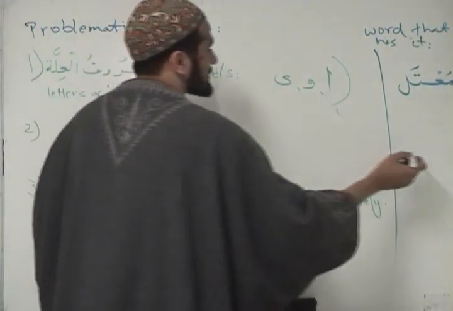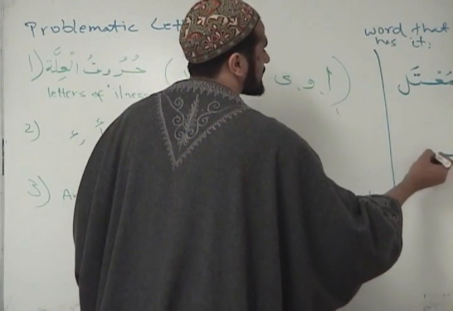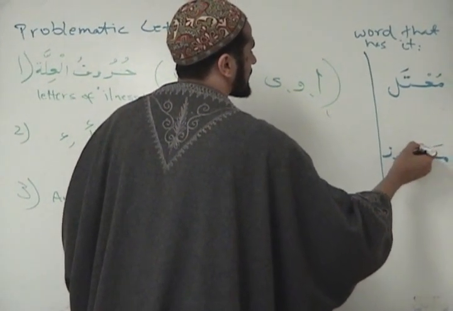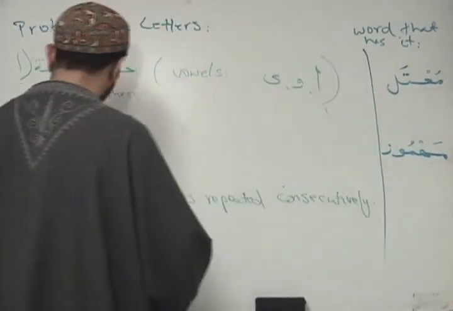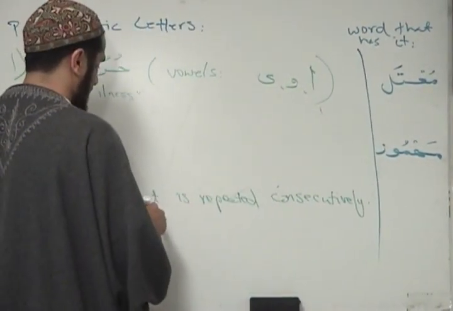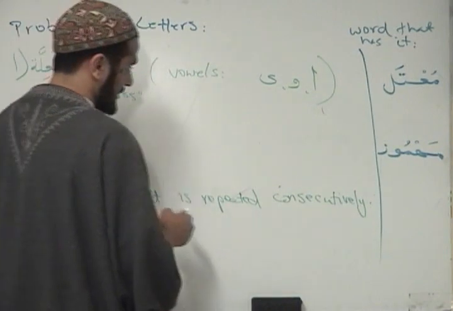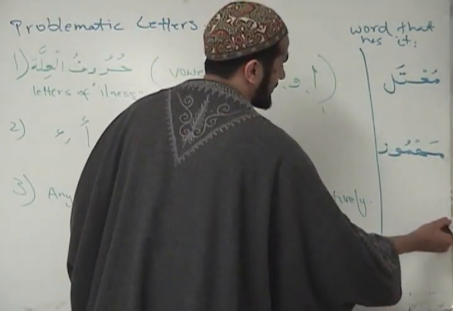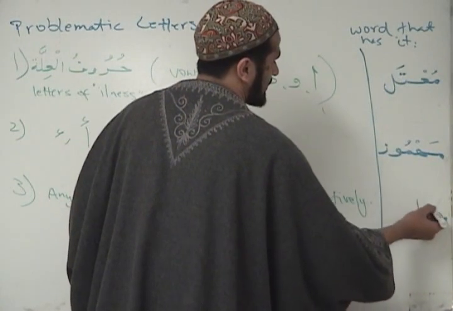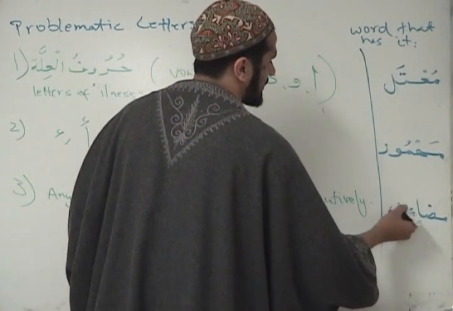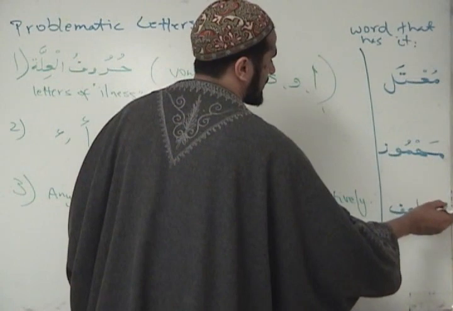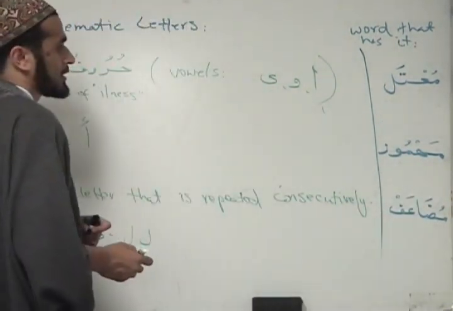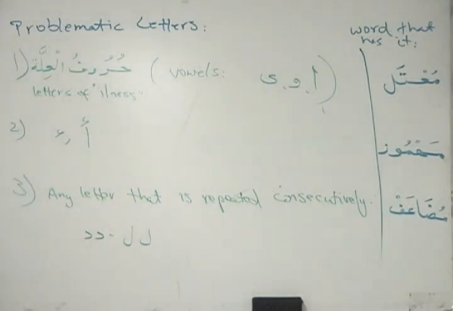A word that has hamza in it is called mahmuz. And a word that has the same letter in sequence, repeated, without anything separating them, is called mudha'af. So we have mu'tal, mahmuz, mudha'af.